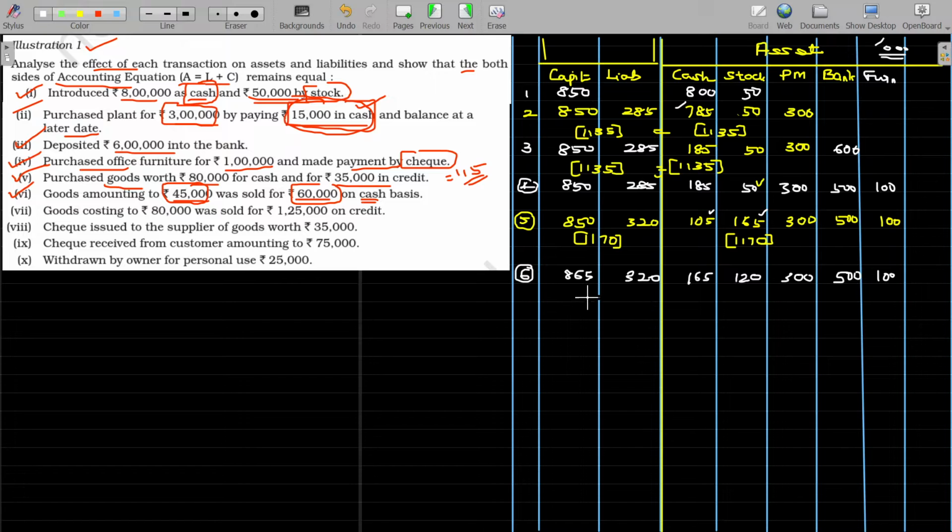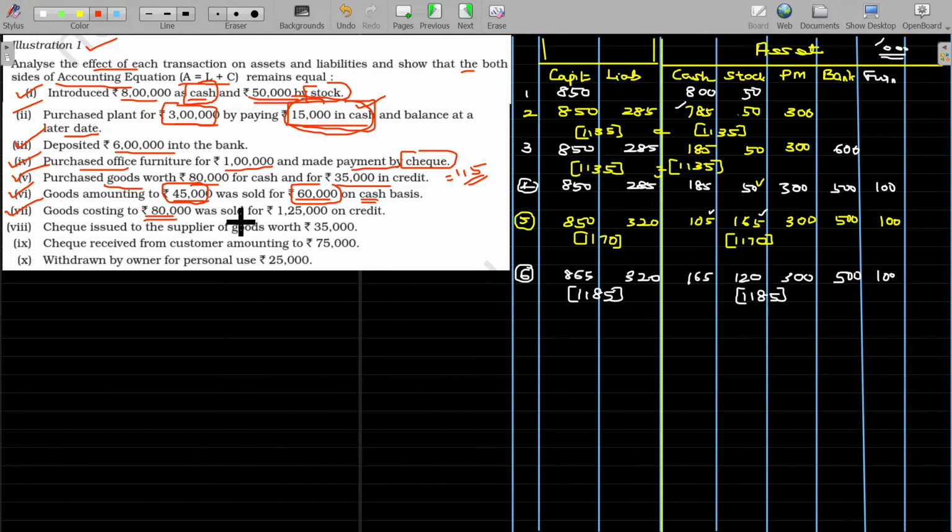Now find out the total. Total on the liability side, 865 and 320 added, then this value being 1185. On the asset side, if you add up all these things, hope the value will match 1185. Clear? We will now move on to the seventh transaction.